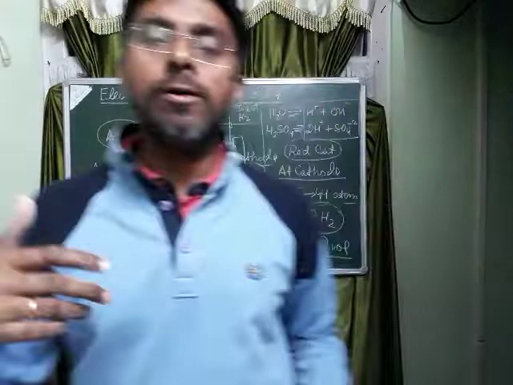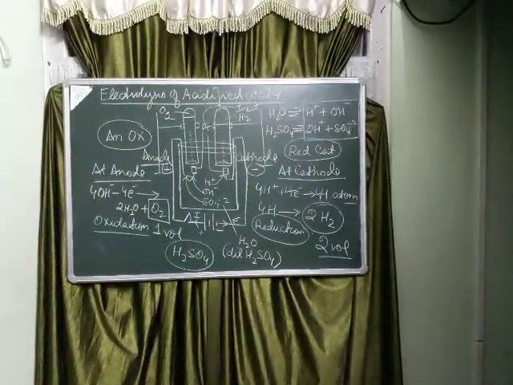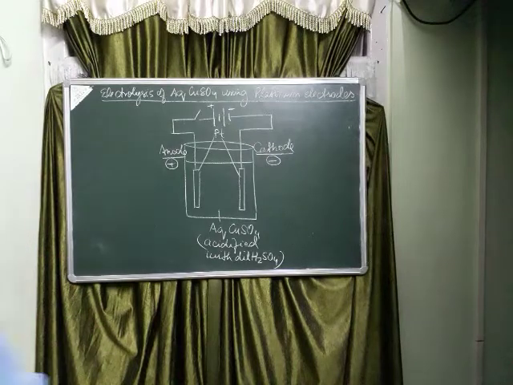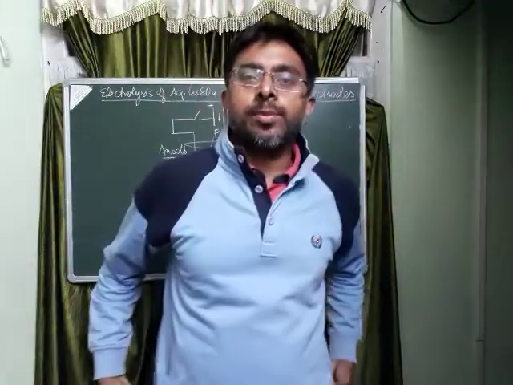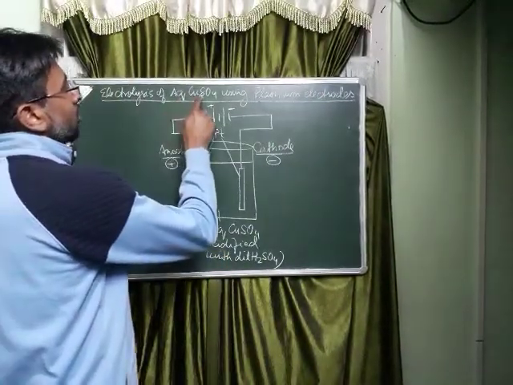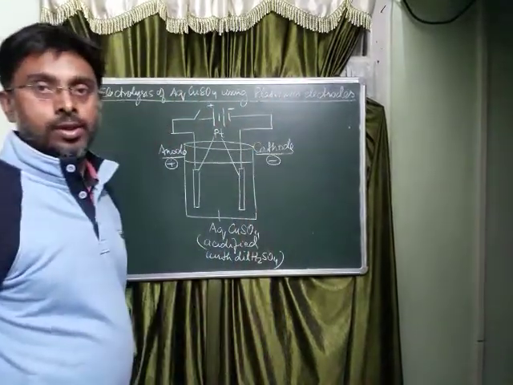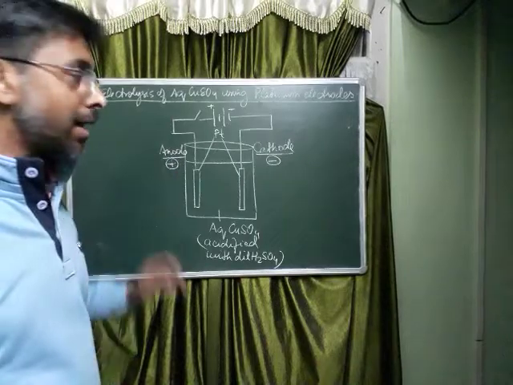Now I will explain to you the third example of electrolysis. Okay, let me explain the third example of electrolysis, which is called electrolysis of aqueous copper sulphate solution using platinum electrodes. First, let us understand the diagram.